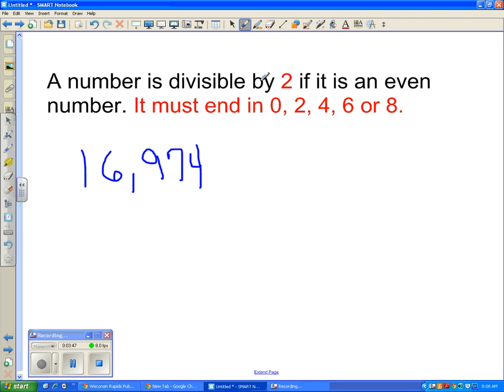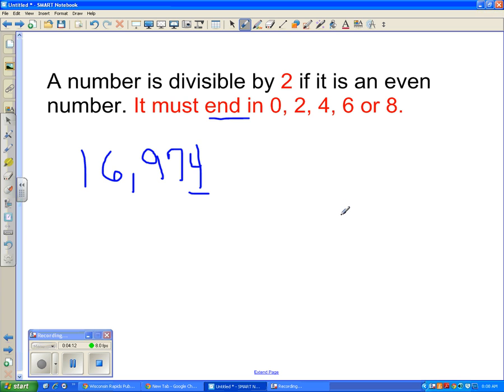According to this divisibility rule, I am simply looking at the last digit. So this last digit is 4. If a number ends in 0, 2, 4, 6, or 8, it is divisible by 2. So since this ends in 4, according to our divisibility rule, it should in fact be divisible by 2.